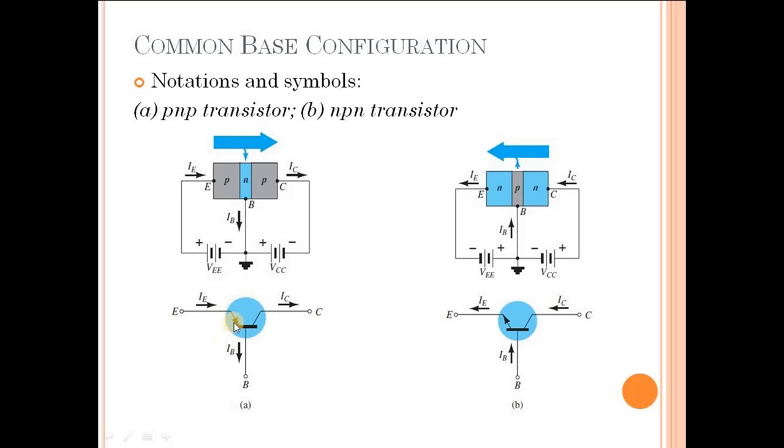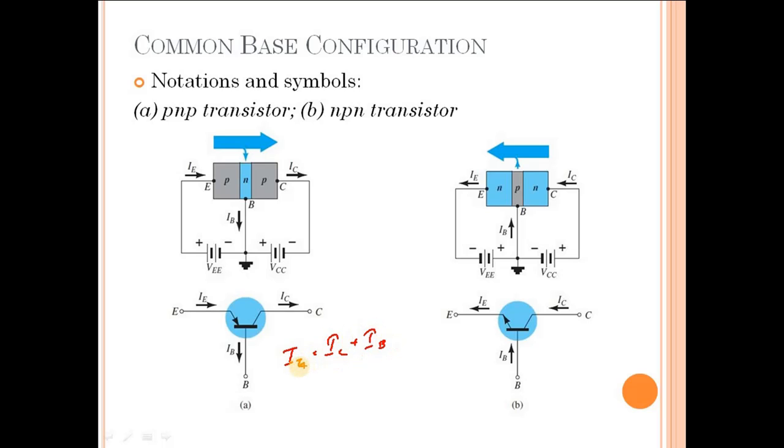The arrow shows the direction of emitter current in the emitter layer of the BJT. So looking at this, we are very certain that the emitter current has to be from left to right in this conductor. So IE is very much fixed. Then again, we already know that in any BJT, IE has to be equal to IC plus IB.